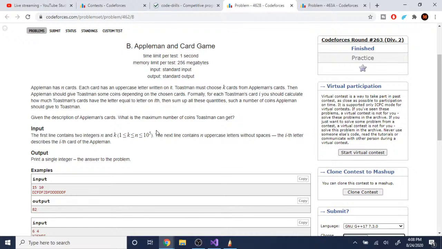You have to choose K cards from the cards. Then you give coins depending on the chosen cards. For each card I, you calculate how many cards have the letter equal to letter I. Then sum up the quantities. Such a number of coins should be given to Toastman. What does that even mean? I hope it's not a permutation problem.